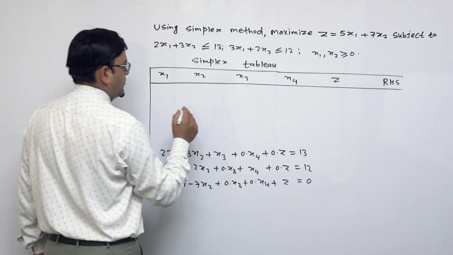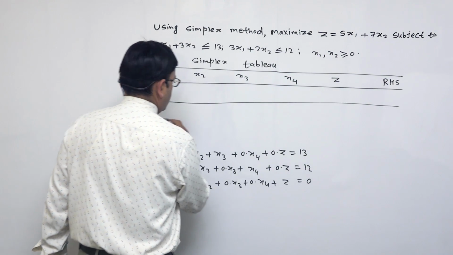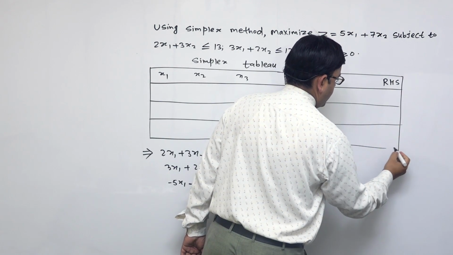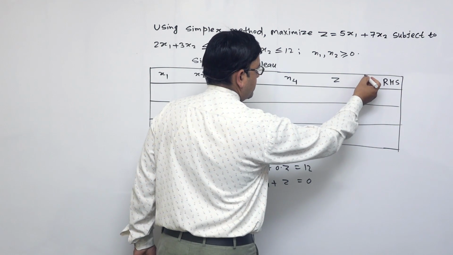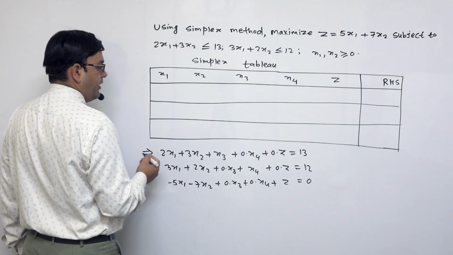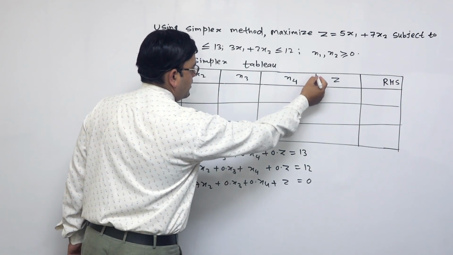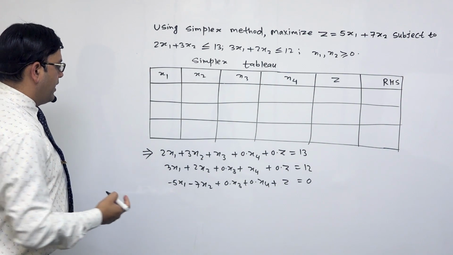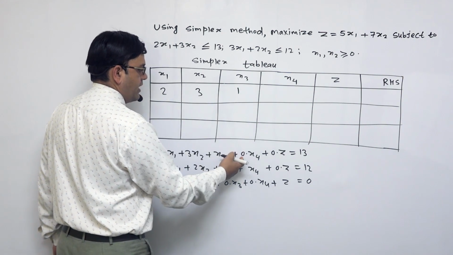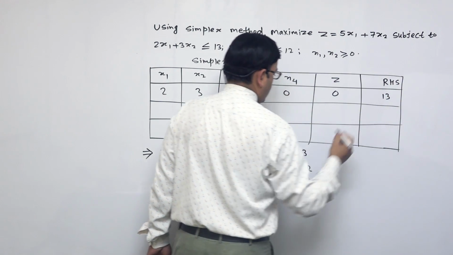Now, we can write here x1, then x2 and then x3 and then x4 then z, then RHS. Let's look here: x1 is 2, x2 is 3, x3 is 1 and x4 is 0, and then z is also 0 and RHS is 13.